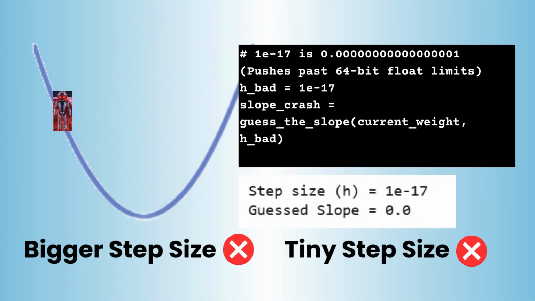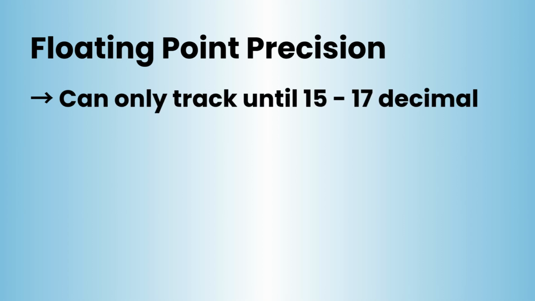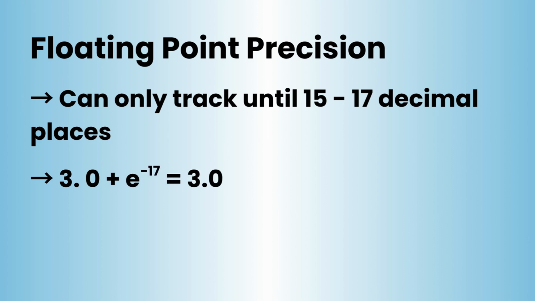Why did this happen? It's a hardware limitation called floating point precision. A standard 64-bit float can only track about 15 to 17 decimal places. When we add e to the power of negative 17 to the number 3, the computer simply cannot resolve a number that tiny. It rounds the position back to exactly 3.0.